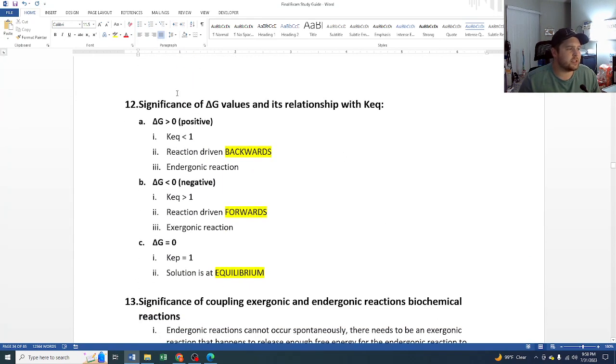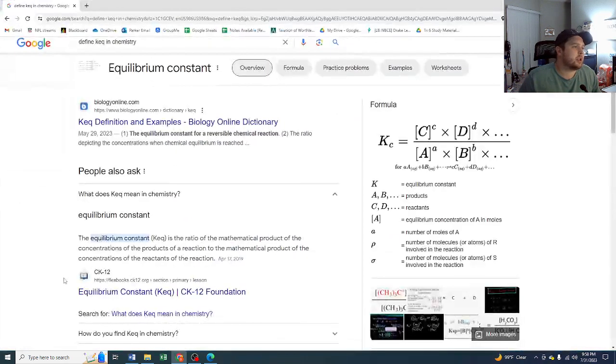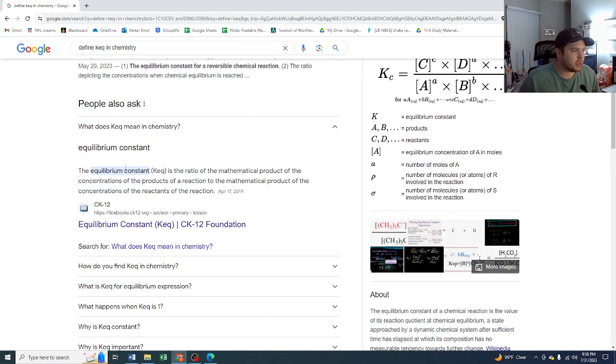The significance of the delta G values and their relationship with KEQ. KEQ is our equilibrium constant. So it's the ratio of the mathematical product of the concentrations of the products of a reaction to the mathematical product of the concentrations of the reactants.